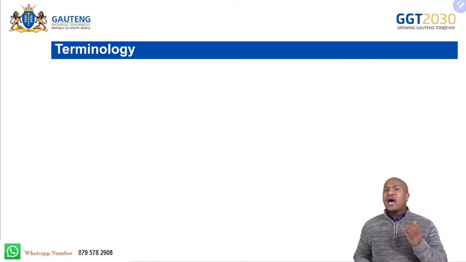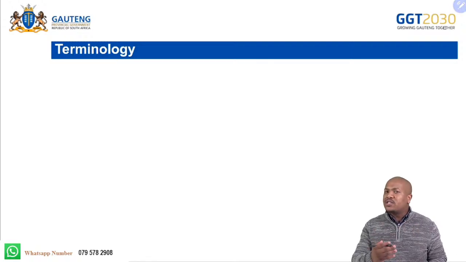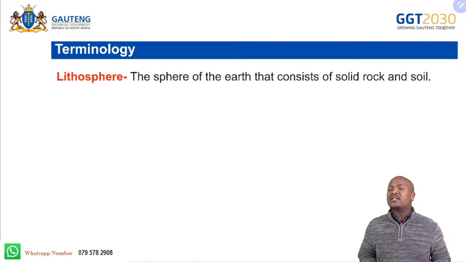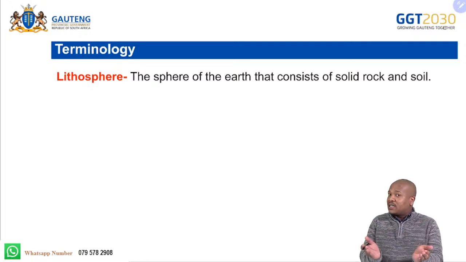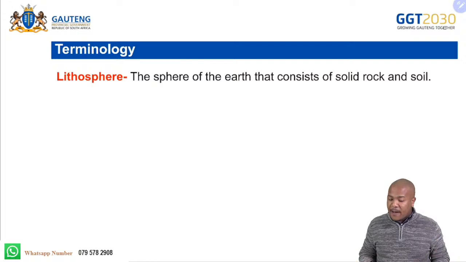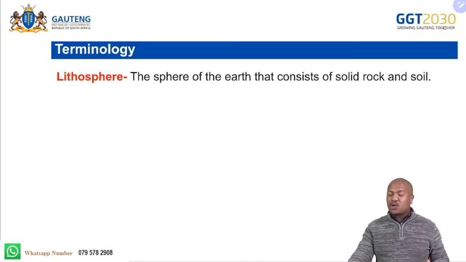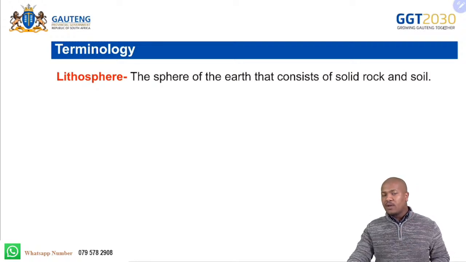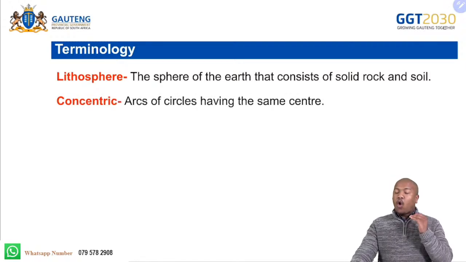Now, the important terms associated with this lesson. The first one is lithosphere. What does lithosphere mean? We covered it in the previous lesson, and we said that the lithosphere is the sphere of the Earth that consists of solid rock and soil. We then have concentric.